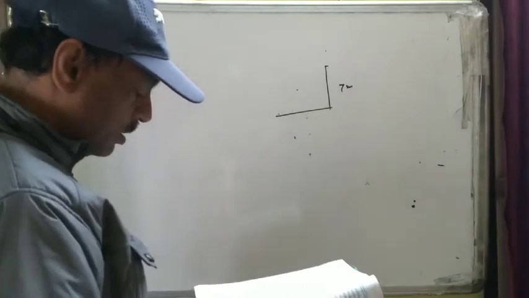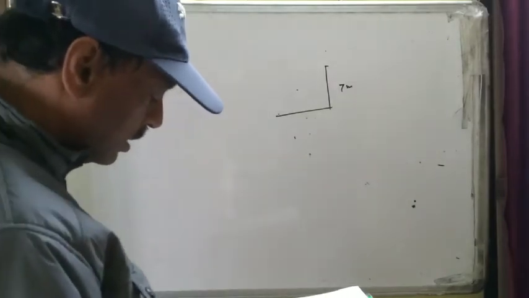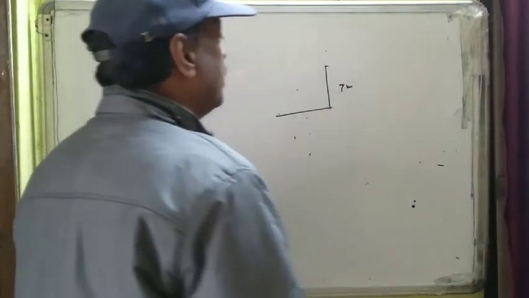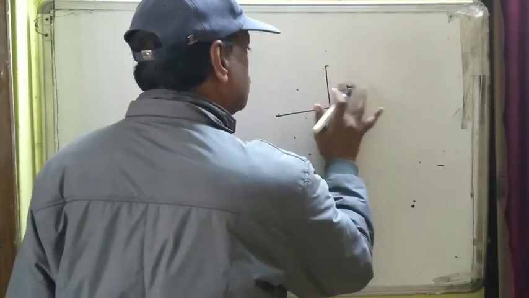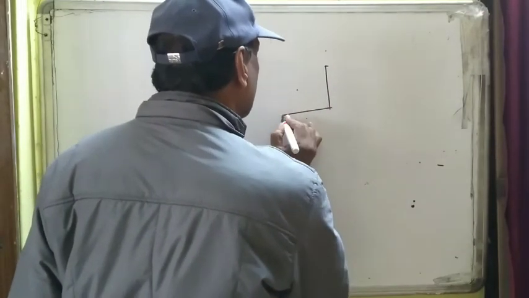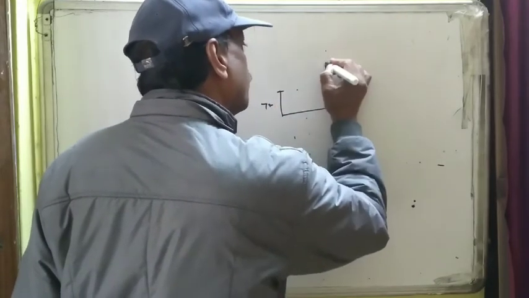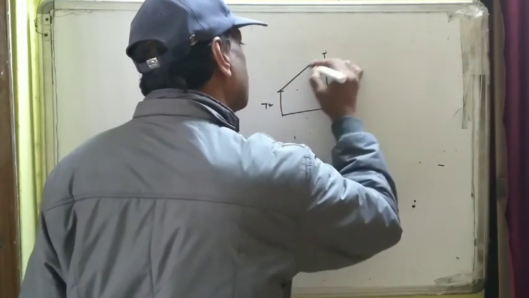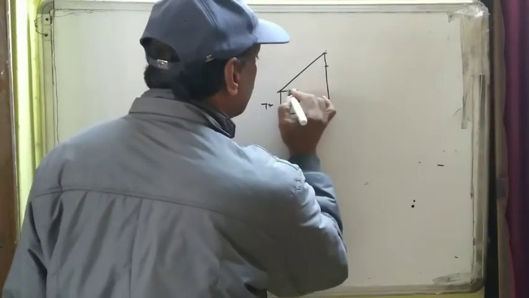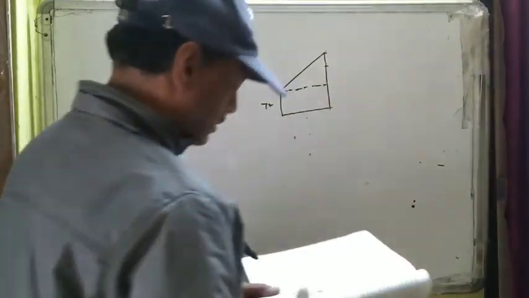So from the top of the 7 meter high building, just draw like this, it will be better. This is the 7 meter high building, and from the top of this building the angle of elevation is there like this.